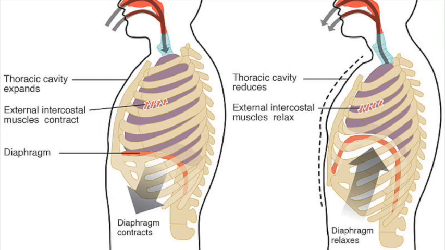Inhalation is an active process in which a negative pressure system is created. This decreases the pressure in the pleural cavity and in the alveoli. Exhalation is typically a passive process in which as much air is pushed out as possible from the lungs.